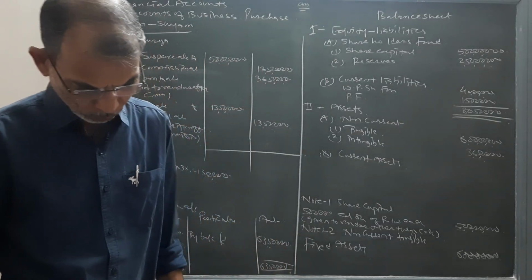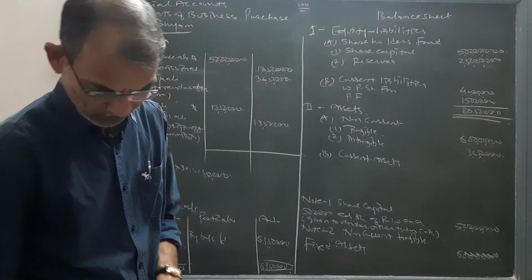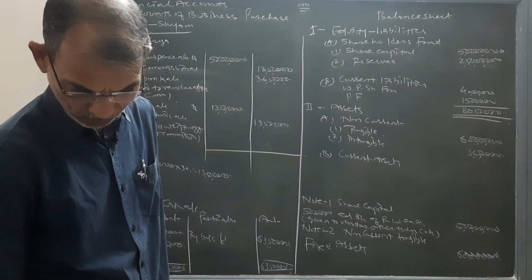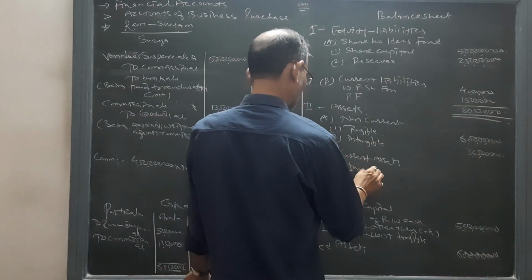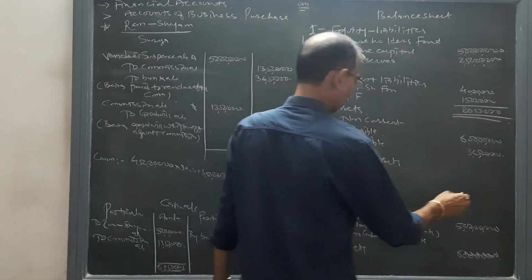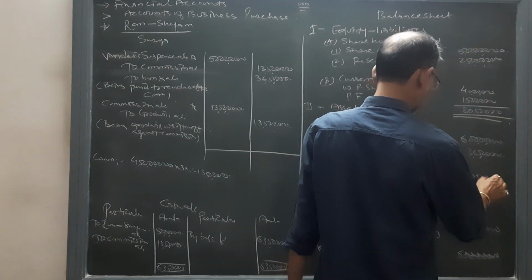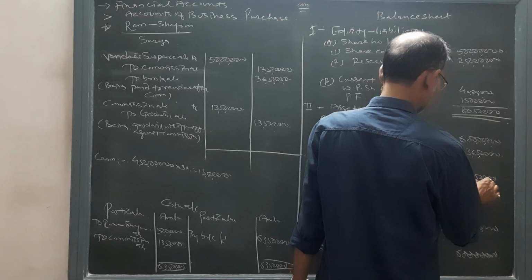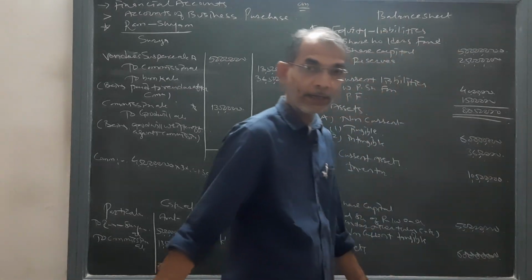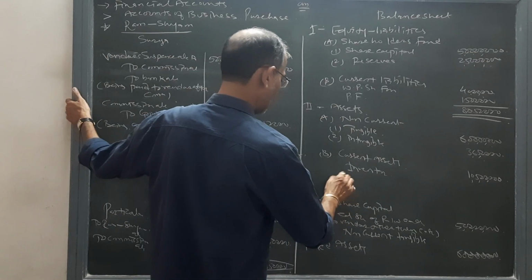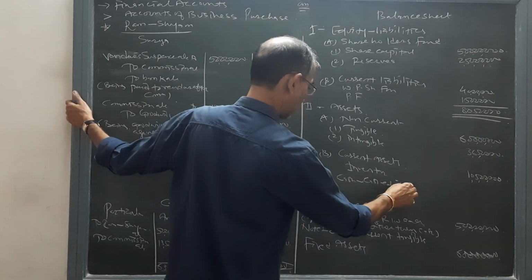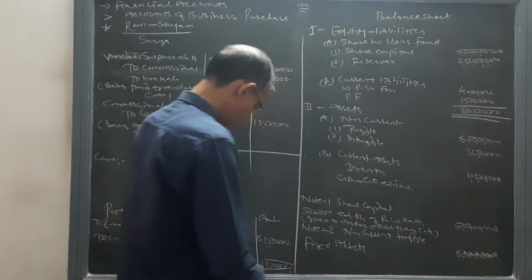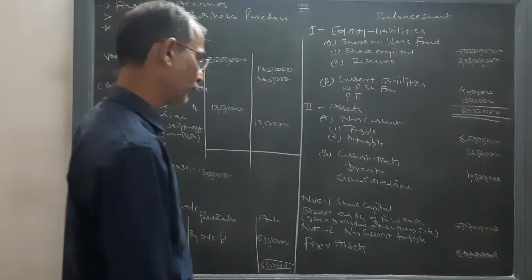Then after we come to current assets, that included stock, inventory 1 crore 5 lakh and cash equivalent 63 lakh 50,000.